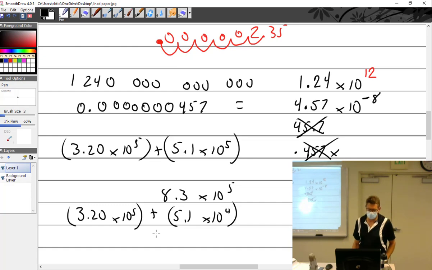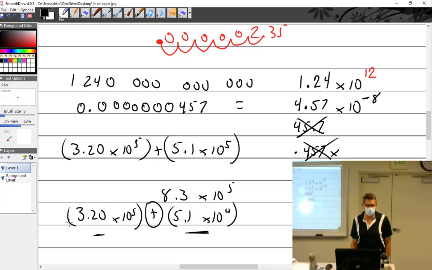You actually have to change this one to 10 to the 5th or this one to 10 to the 4th. But you can just use your calculator. It doesn't matter then what the symbol is, you can do addition, subtraction, multiplication, division. Just make sure that you are putting it in parentheses as it is written.